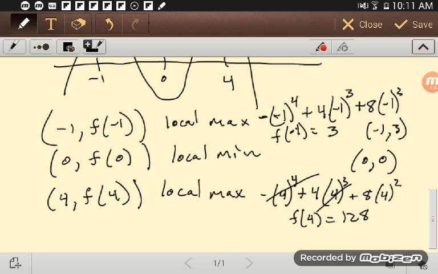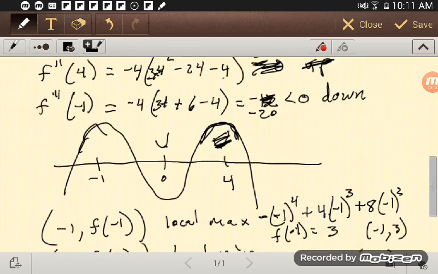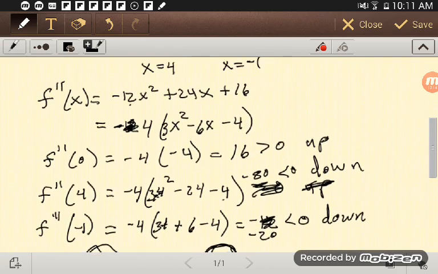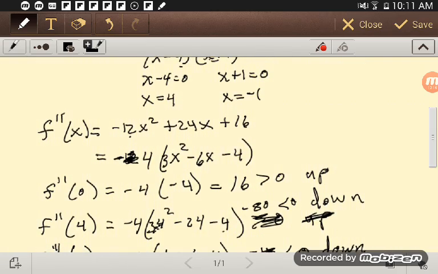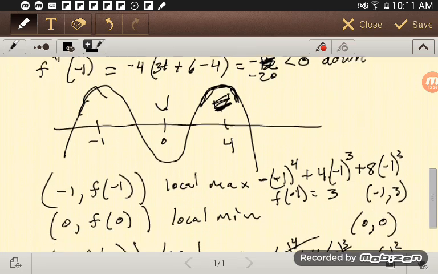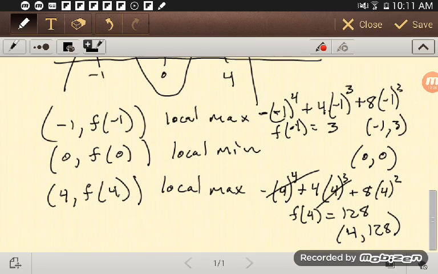And so finally our last local max is 4 and 128. So sorry that I forgot the 3 there when I pulled out the negative 4, but we recovered, and we got all our relative extrema: negative 1, 3, 0, 0, and 4, 128.